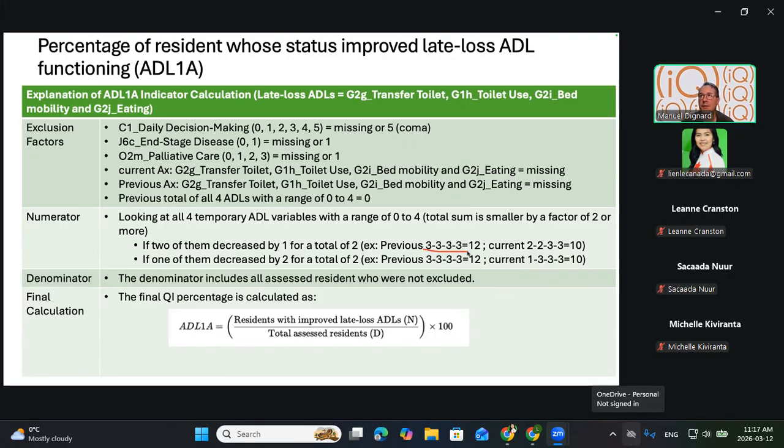If previously you had 3, 3, 3, 3 for a total of 12, and now you have 2, 2, 3, 3, your number has decreased, so you've improved. If they're all threes and now one of them's a 1, right? It's decreased, so you've improved, as long as you've improved by a factor of 2 on your total for the late loss ADLs.